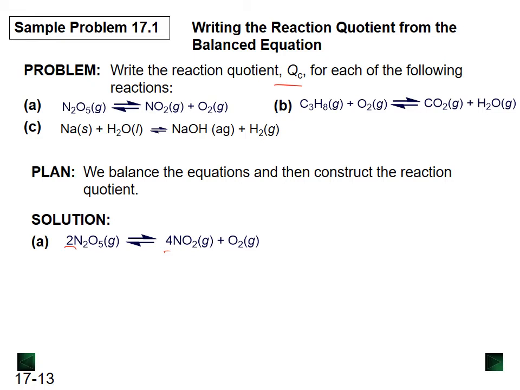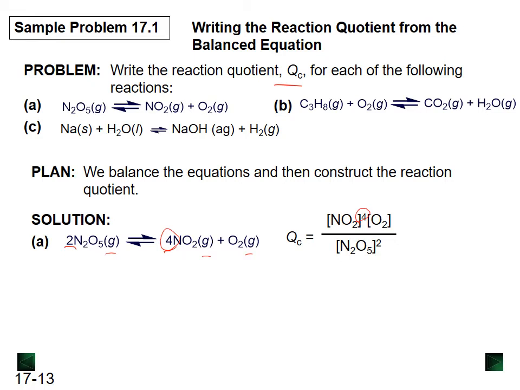Note, this reaction is a homogeneous reaction because all the reactants and products are in the gas phase. They are in the same phase. So when you write the reaction quotient, you use the product divided by reactants. But don't forget, when you have a coefficient, you should raise to the power.